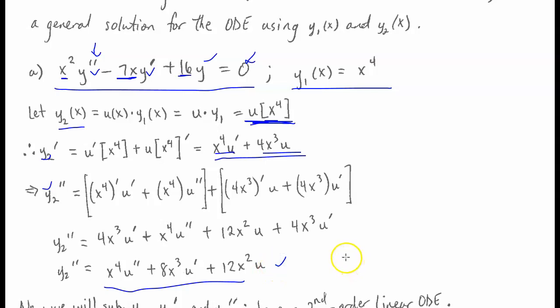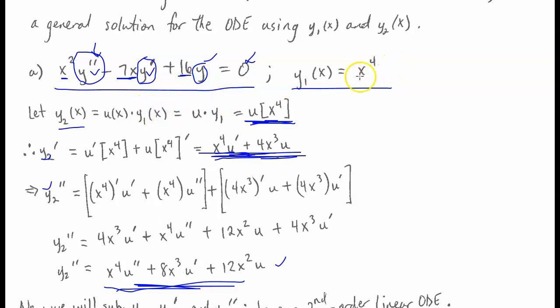We get this result. From there, we are taking our results for y sub 2 prime and y sub 2 double prime, and we're going to substitute them back into our equation here. Okay, so we have y double prime, y prime here, and y.